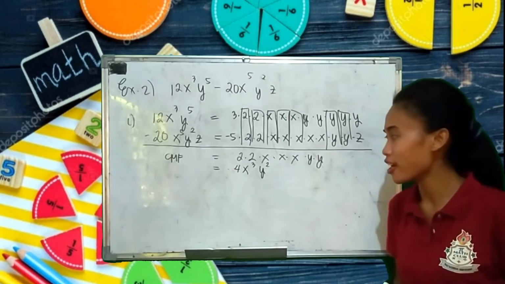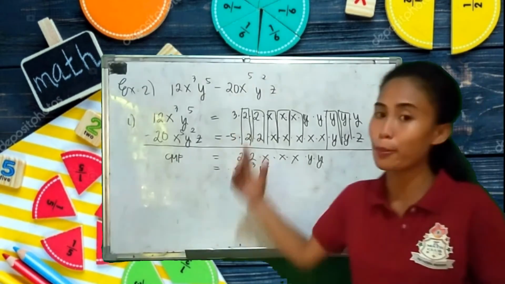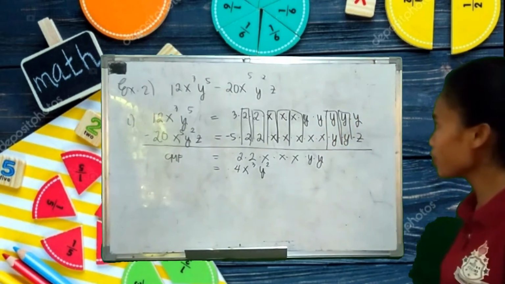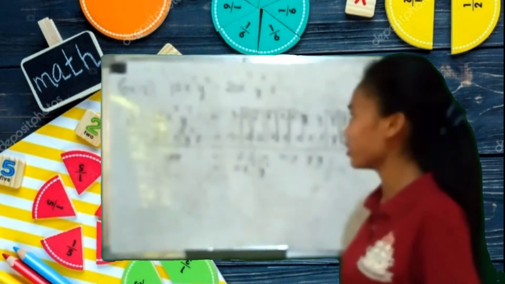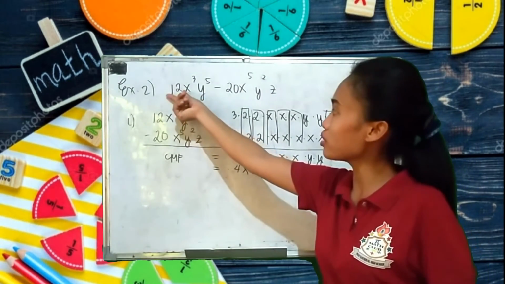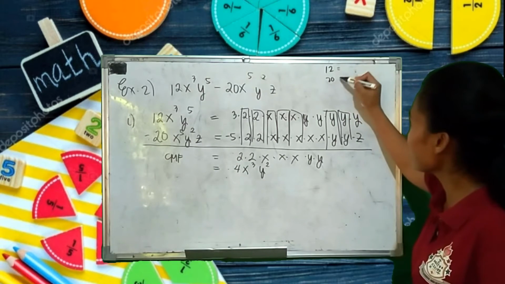Another technique for that is to identify first the GCF of the numbers. So if we are going to write it down, another way of solving that one, the GCF of 12 and 20, so we have 12 and 20.